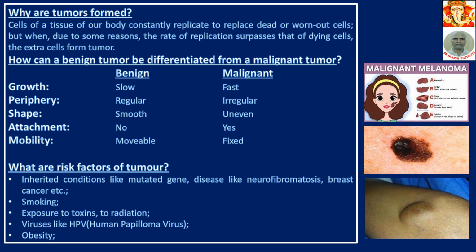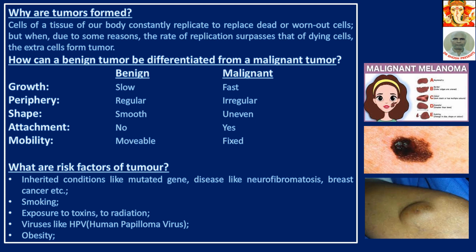How can a benign tumor be differentiated from a malignant tumor? Note this point. I have made columns: benign, malignant. Growth: benign slow, malignant fast. Periphery, meaning the outer border: regular, irregular. Shape: smooth, uneven.